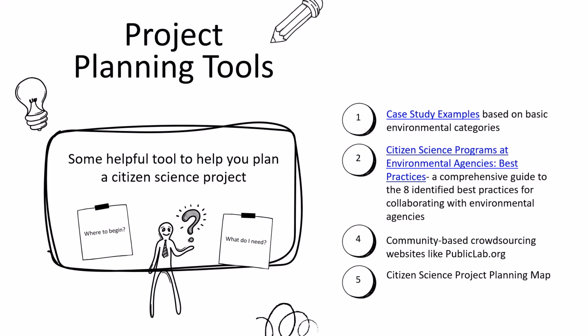Community-based crowdsourcing websites like Public Lab, my former institution, even though they are no longer a staff-funded organization, their website is open and operational. If you've never looked at it before, imagine Reddit, but with an environmental focus and passion. It's crowdsourced sharing of data, tools, and resources with citizen scientists from across the globe. I also created a citizen science planning map, which we will be reviewing as part of this presentation.